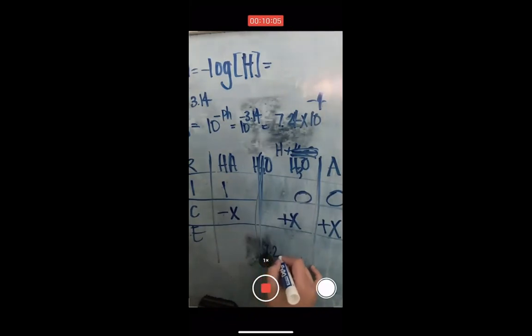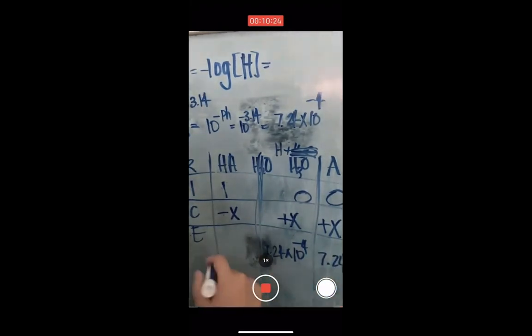It's going to go 7.24 times 10 to the negative 4. And if that's the case, it's 0 plus X equals this. We know that our X value equals this number. So we put that in here as well, right? Because they're both only X. And if that's the case, HA at equilibrium is equal to 1 minus X. And for the sake of space, I'm not going to fill it in there. But let's go back to our slides.